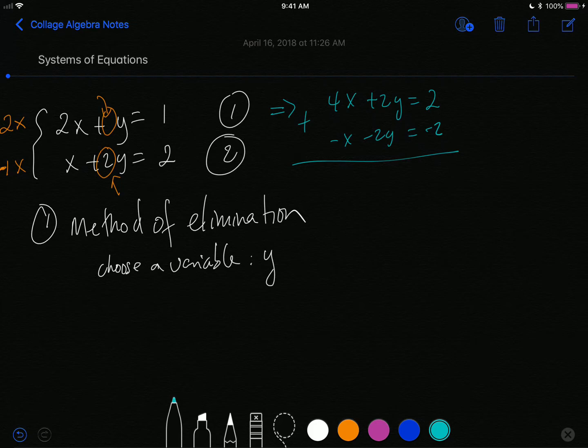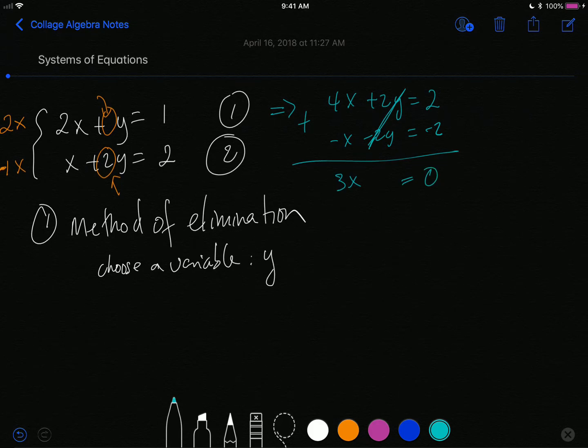So the first column right here, when I add those two, 4x minus 1x, I will get 3x. The second column, the y's will be eliminated, hence they call it the method of elimination, because 2y minus 2y is 0. And then the last right here, 2 minus 2 is 0.